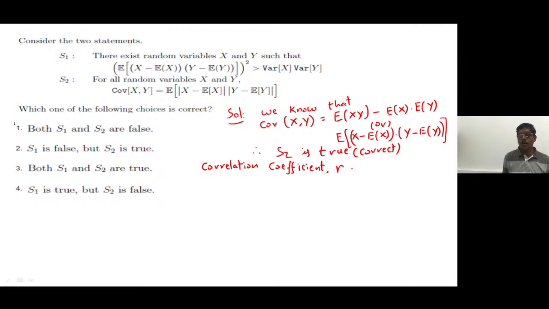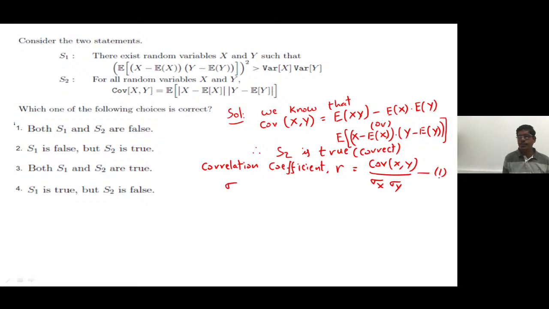Usually written by small r. The formula is covariance of x comma y divided by the standard deviation of x values multiplied by the standard deviation of y values, sigma x, sigma y. Sigma x is the root over variance of x.